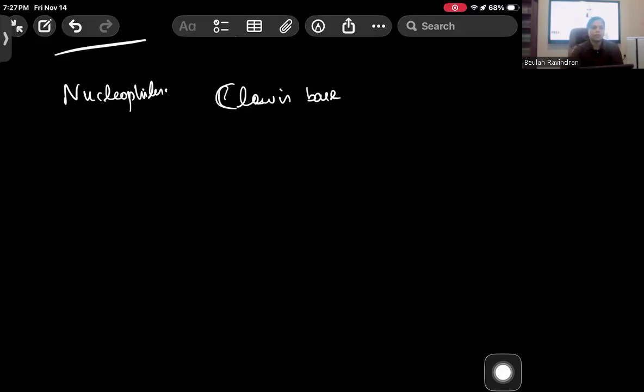Now we are going to see the types of nucleophile. First, negatively charged nucleophile, then neutral, and then ambident nucleophile, which I will explain later.